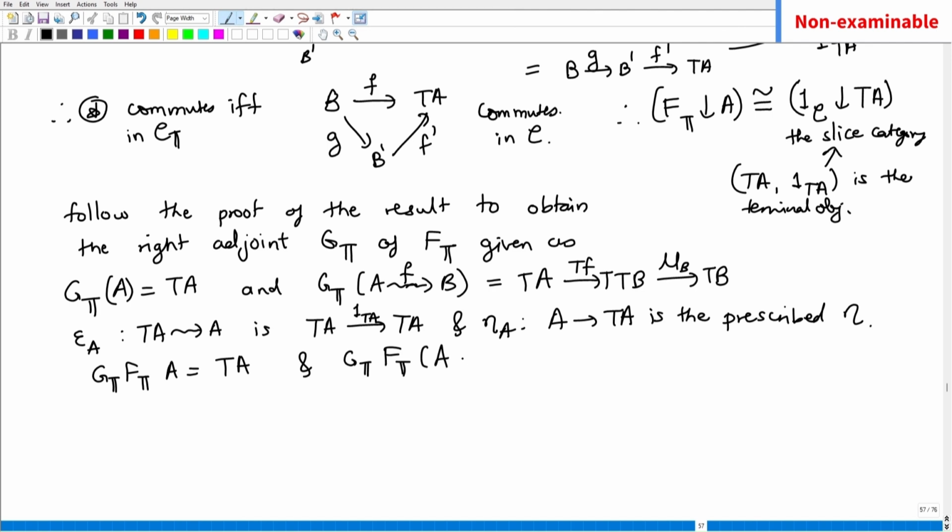So if you start with an ordinary morphism in category C, then you will actually recover what is F_T of F. Do you remember that?